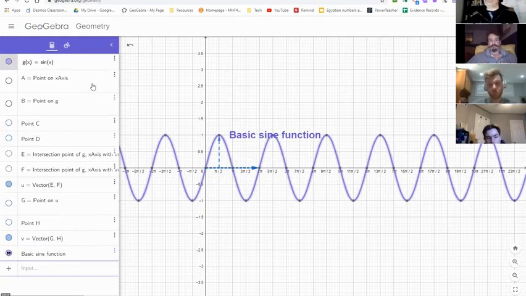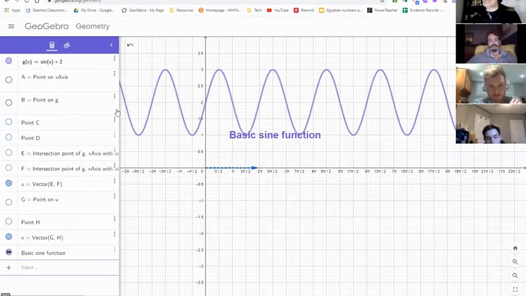So for example, if I were to add 2, what would happen? If you want to make a prediction, put it in the chat, or you can just tell me. I'm going to add 2, and look what's going to happen to our function when I press enter, of course. Whoa! It jumped up, right? It jumped up 2 units. Interesting.